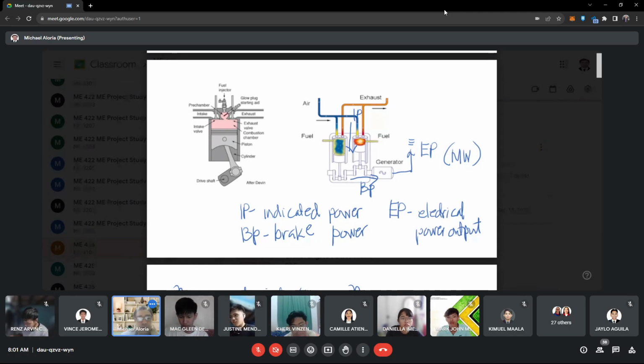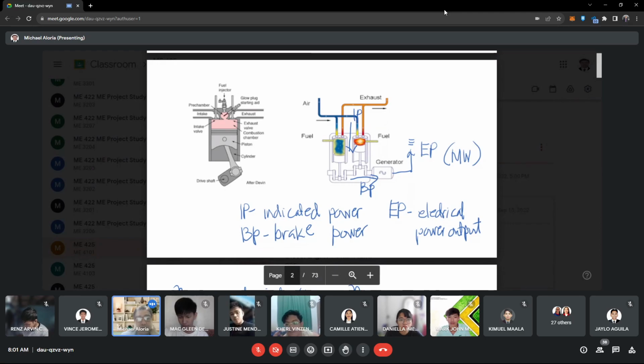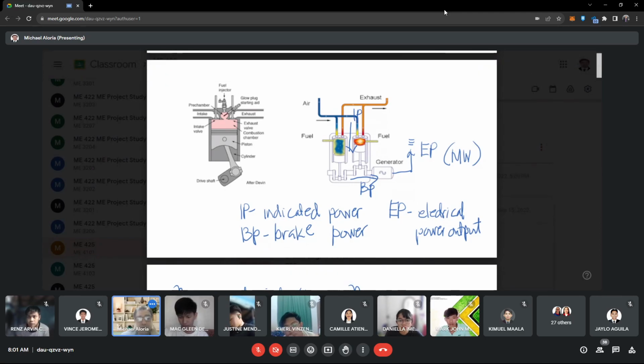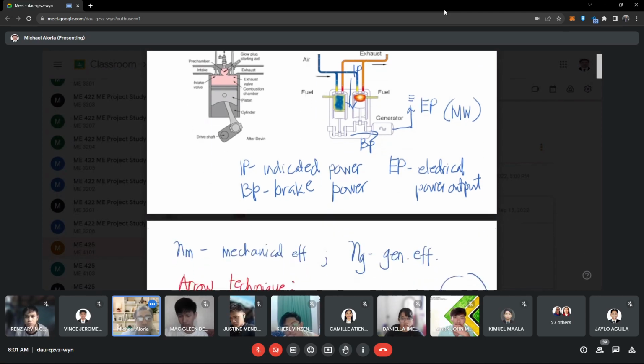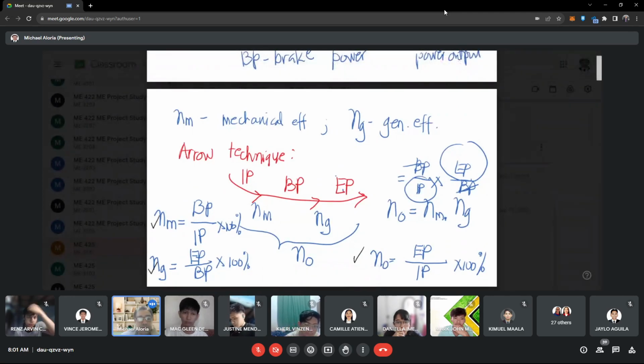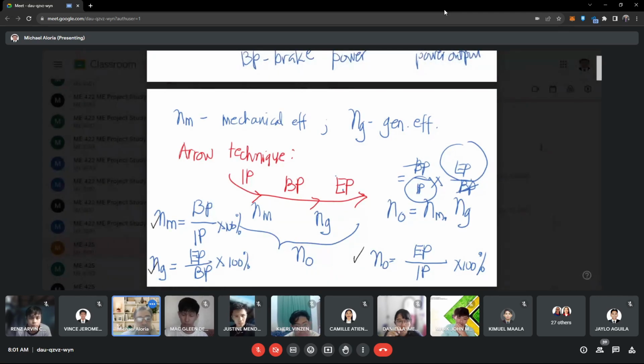Okay. So from indicated power, it becomes brake power, and then we convert it into electrical power output. But take note that we need to define our mechanical efficiency and generator efficiency. Okay? By considering arrow technique, we were able to develop our arrow diagram. Okay?